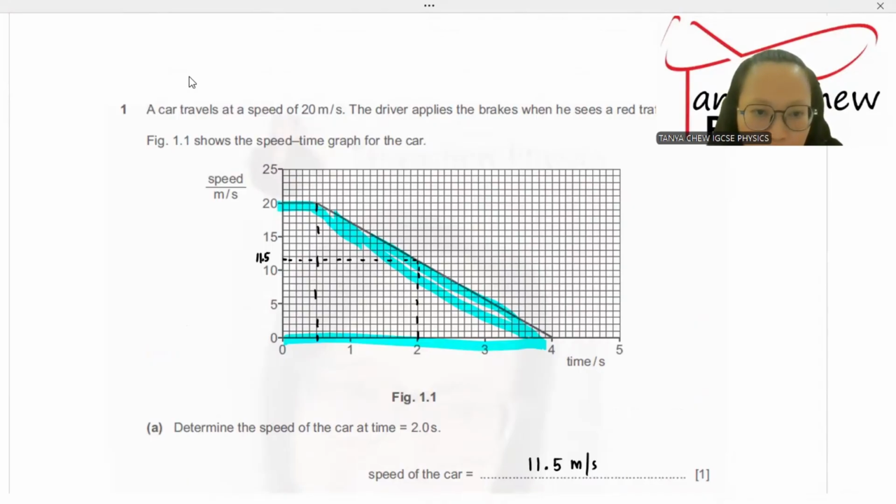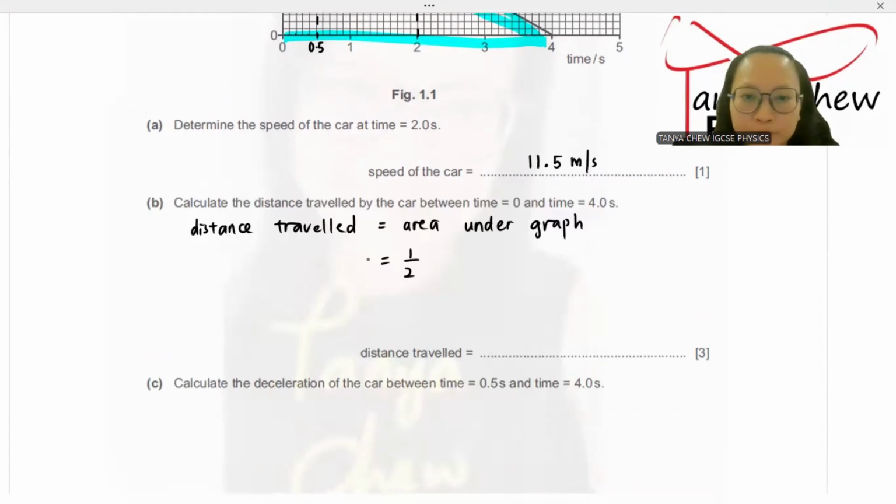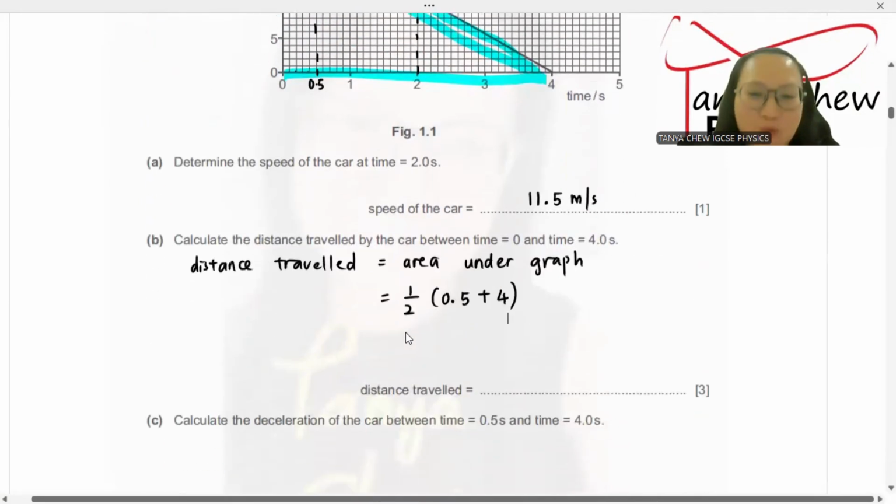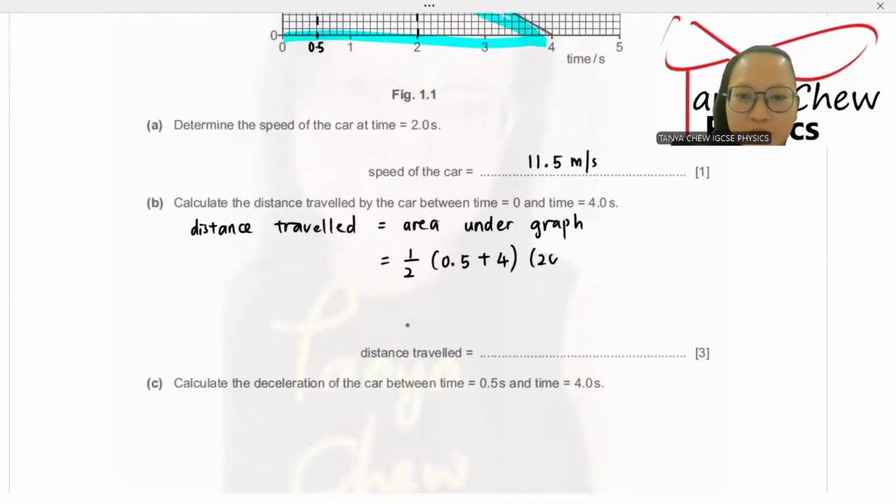This is 0.1, 0.2, 0.3, 0.4, and this is 0.5. And B value is 4. So it is 0.5 plus 4 times the height, which is 20. So I'm going to times 20, use your calculator, and the answer that you should get is equals to 45 meter. 45 meter is the answer.